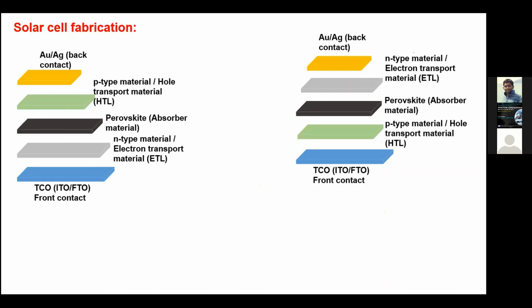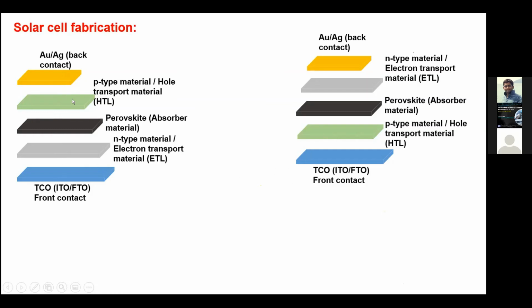And also the solar cell fabrication is basically the same. You have a perovskite absorber between the P and N type layers, and these are the different kinds of ways of making solar cells.